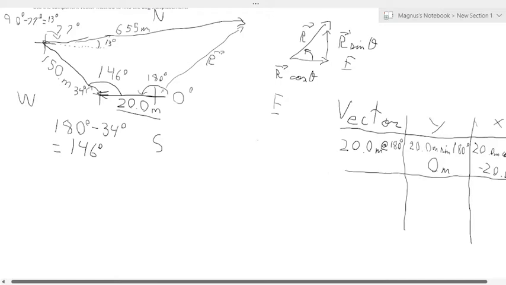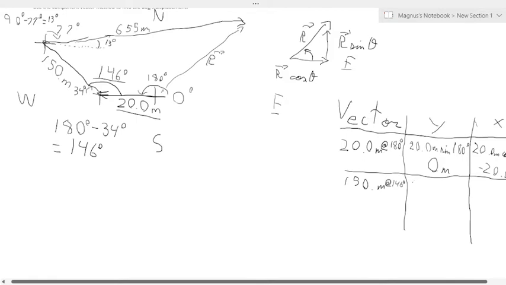Two more to go. So our second vector is 150 meters at this angle we calculated earlier, 146 degrees.